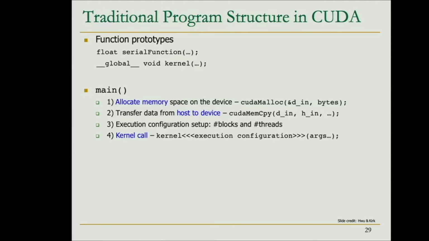At least A, B, and C, right? When doing GPU programming, we will typically use DA, DB, DC in order to distinguish them from the copies that we have on the CPU side, right? Those will typically be H.